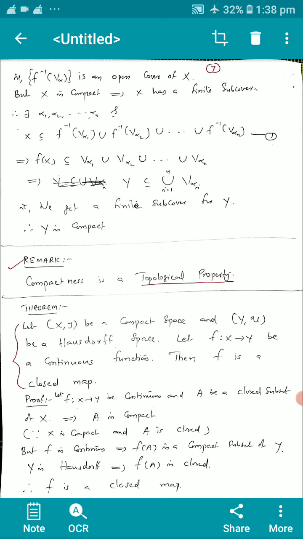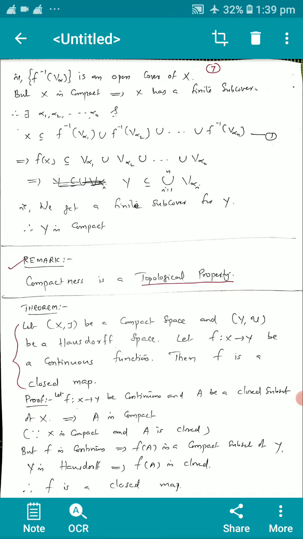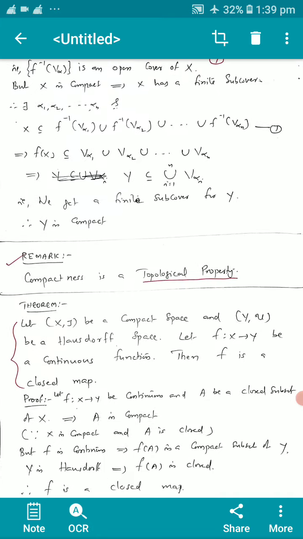Therefore, there exist alpha 1, alpha 2, etc., alpha n such that capital X is a subset of or equal to f inverse V alpha 1 union f inverse V alpha 2 union, etc., union f inverse V alpha n. Call it result 1. This implies f of X is a subset of or equal to V alpha 1 union V alpha 2 union, etc., union V alpha n.